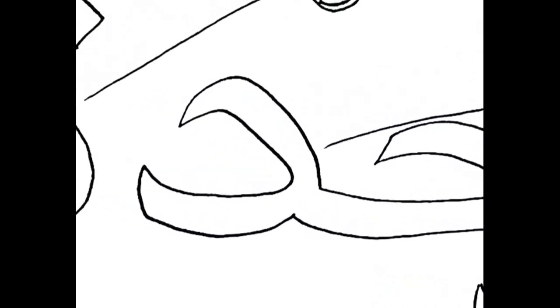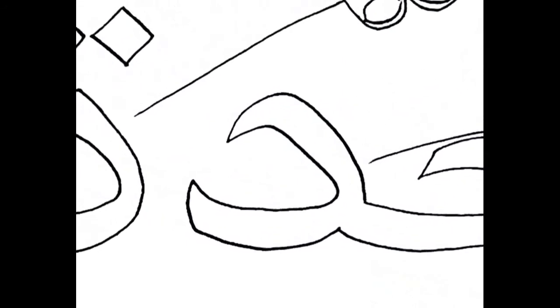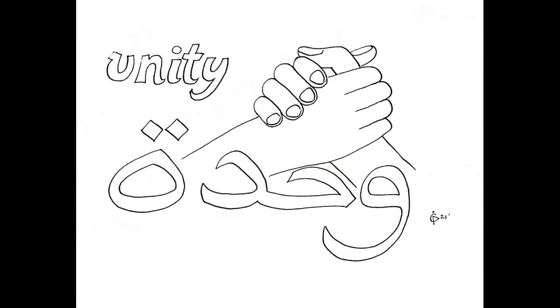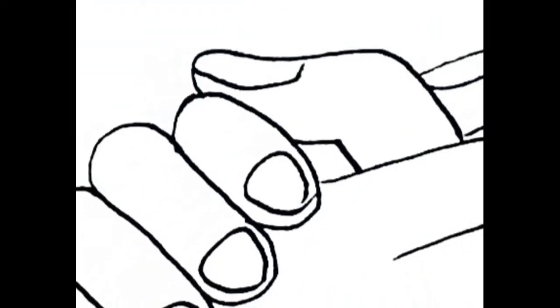Wahad is one, and so wahad makes up this word, wahdatun. So it's related to the number 1. But in my opinion, sometimes 2 people can make 1, right? So I put 2 hands together, hugging each other, and that's what I represented for unity.